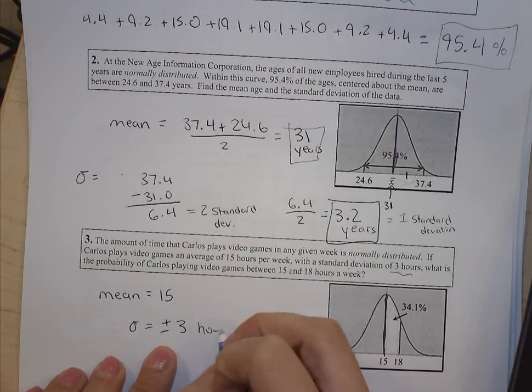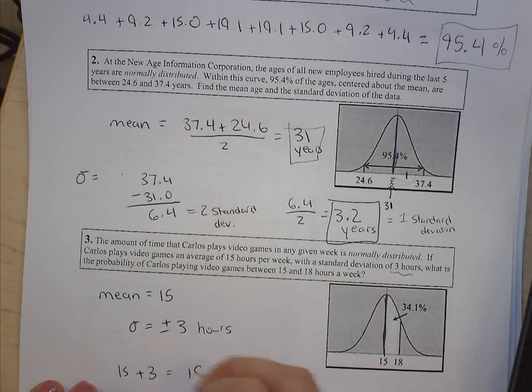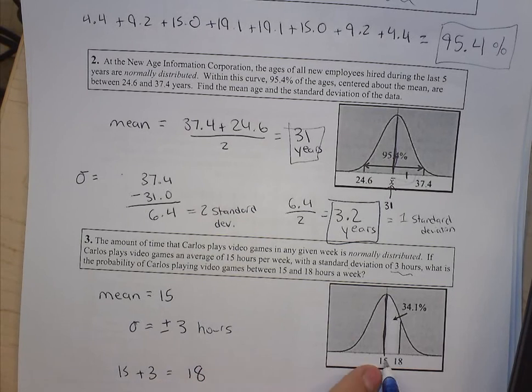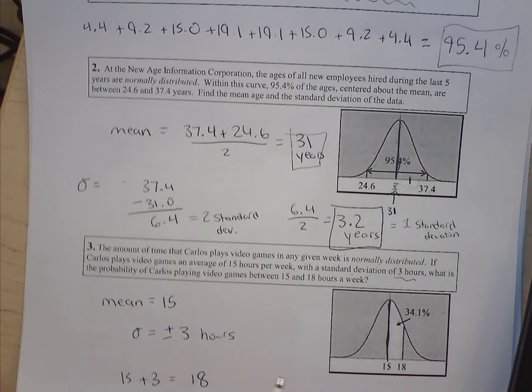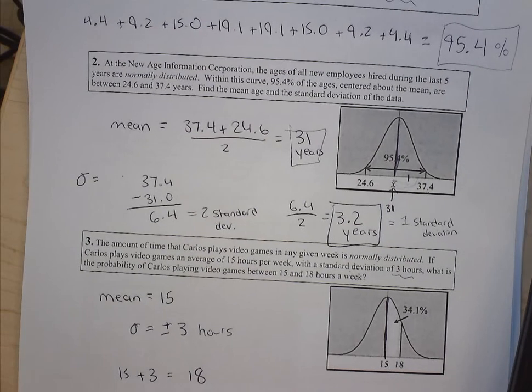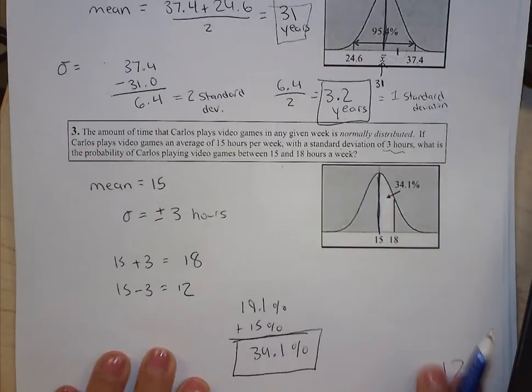So that means 15 plus 3 is going to be 18. 15 minus 3 is going to be 12. So if I'm talking 15 to 18, that's one standard deviation. So going back to my standard deviation chart, that's going to give me a probability of 19.1% plus 15%, which gives me 0.1% probability that he will play video games between 15 and 18 hours a week.